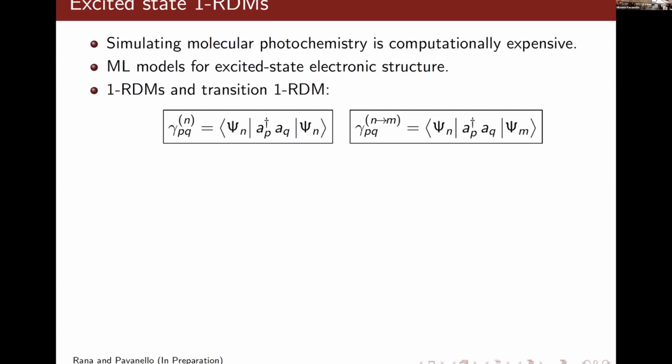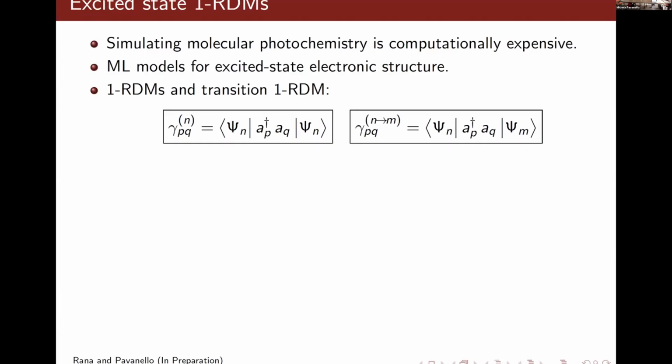And excited state dynamics involves running hundreds of trajectories with these complex methods. That limits the whole thing to very small systems. So machine learning can certainly help.